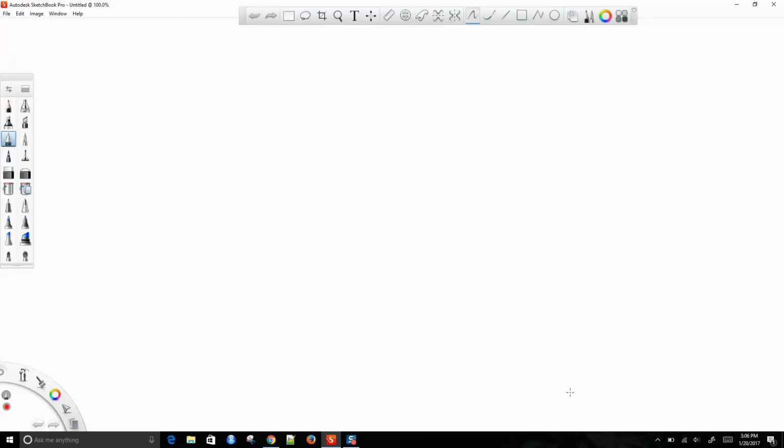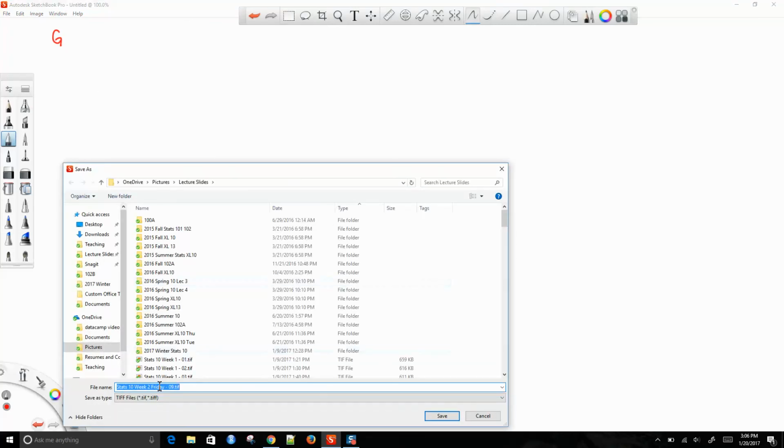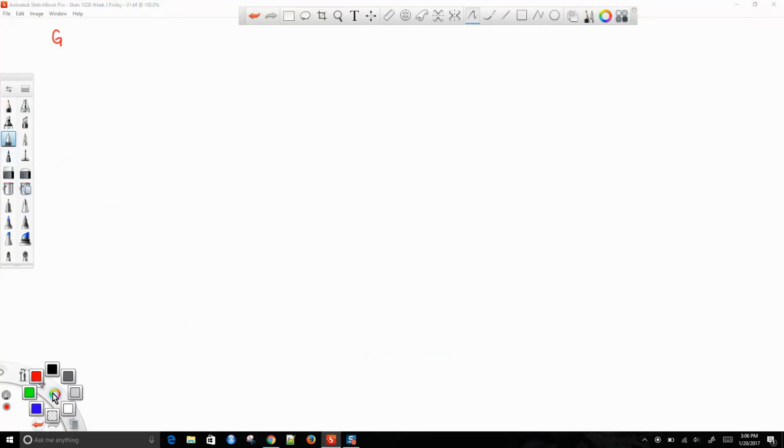Okay, so we left off talking about gradient descent. This is 102B, week 2, Friday. Okay, gradient descent as a way to minimize a function.